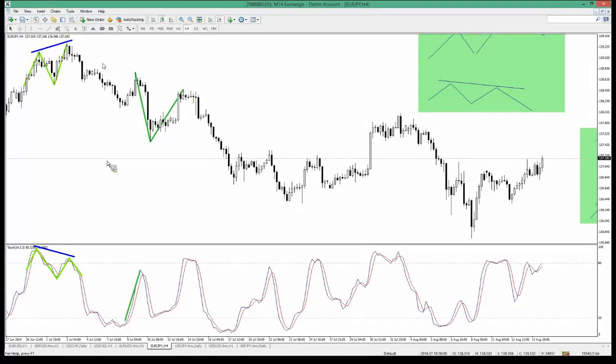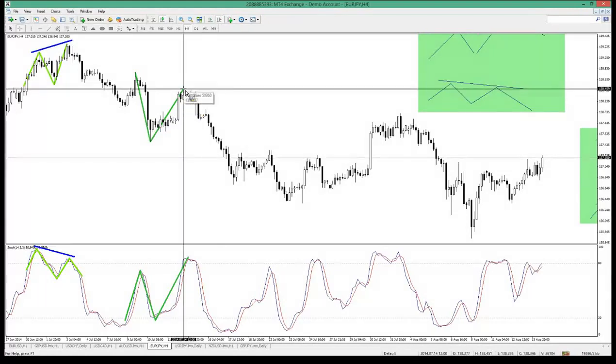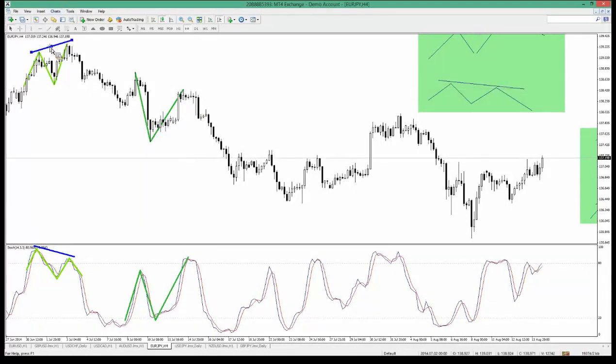Price moves down, the indicator moves up, but the indicator then takes another high, and price has not followed it. So what we have is price making a lower high, but the indicator is making a higher high. This is what we would call reverse divergence.